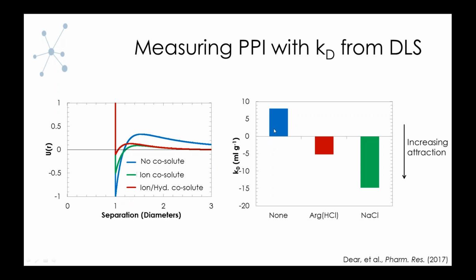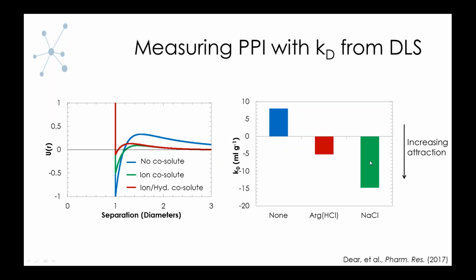Because of that, the main interaction between these proteins is this repulsion. So adding any of these ionic co-solids is obviously going to reduce the KD and make the system seem more attractive, because you've lost this large repulsion.